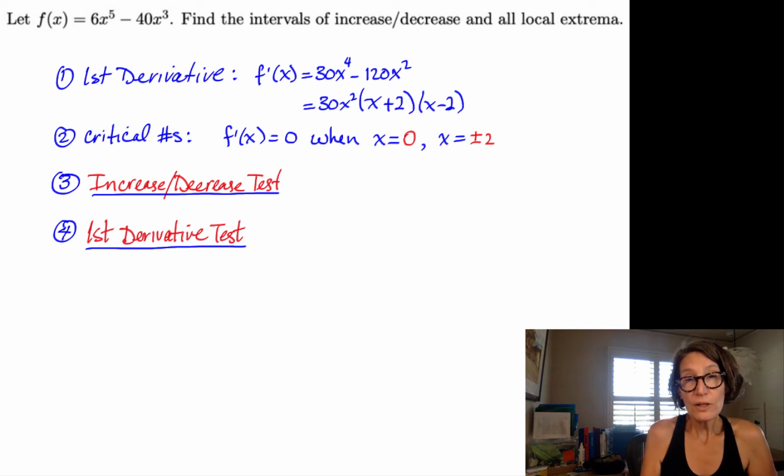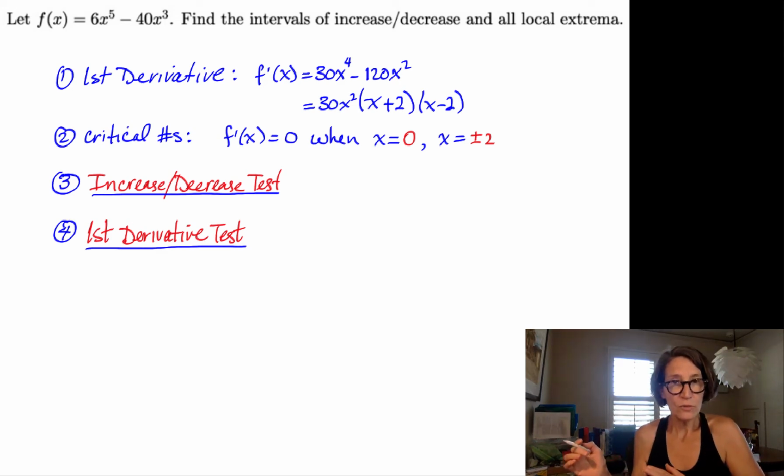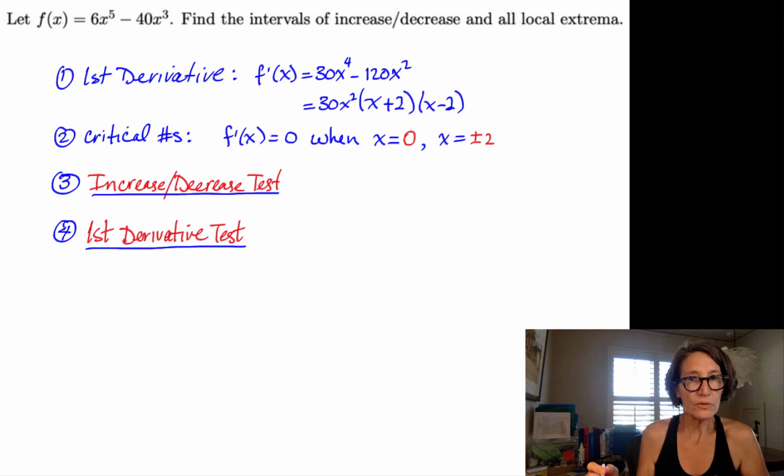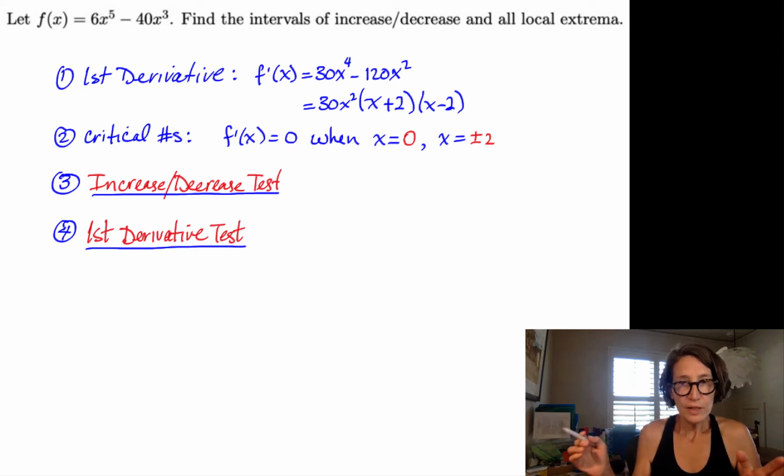All right, so now we're going to check the subintervals of the domain. Using these 3 critical numbers, there are going to be 4 subintervals: negative infinity to negative 2, negative 2 to 0, 0 to positive 2, and positive 2 to infinity.